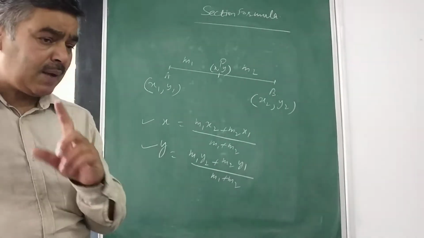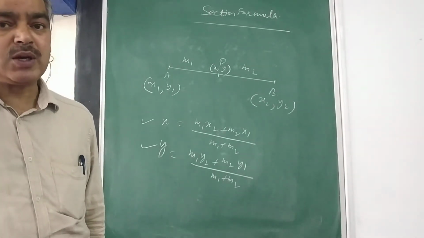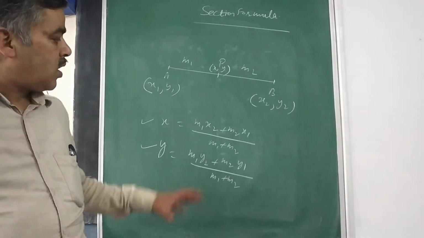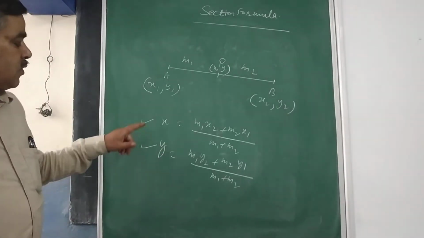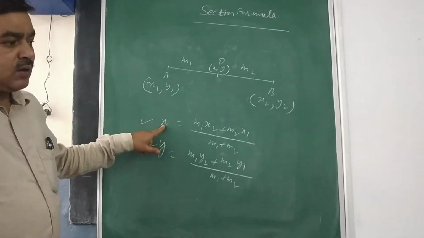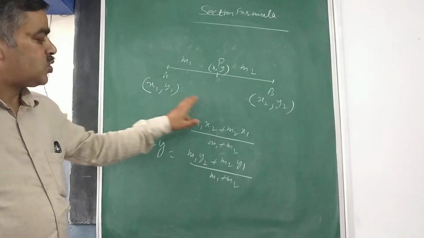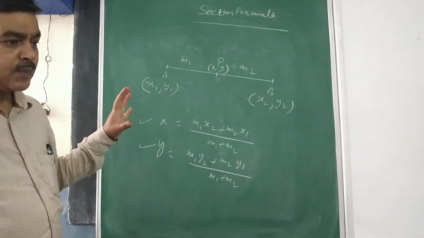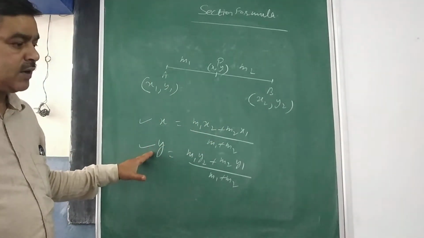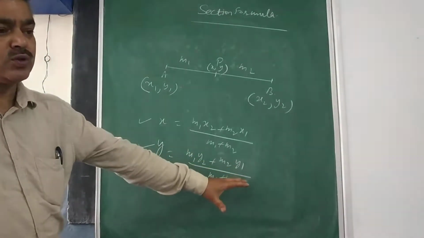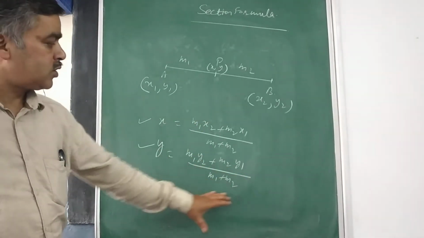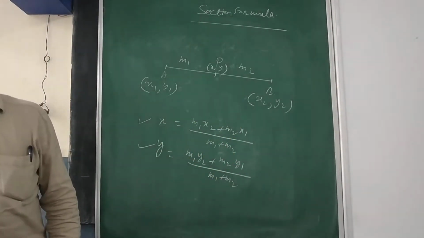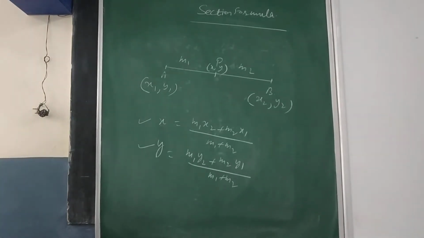Now the simple application part, from the application point of view. If you need to determine the value of x, you can directly use this formula. If you want to find the value of y, again you can directly use this formula. Substitute the values that will be given to you, like in exercise 7.2.